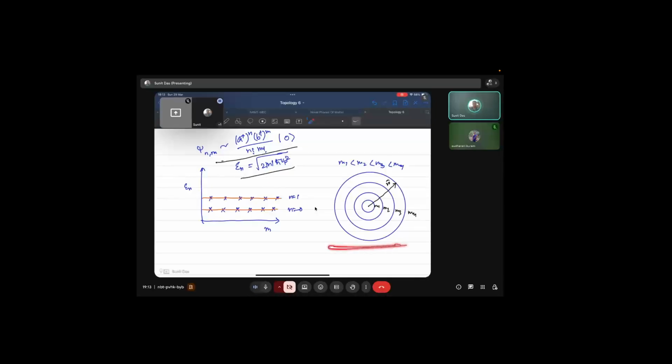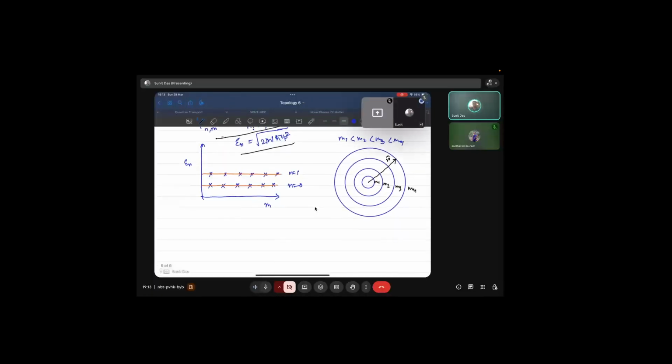So here I am trying to show the peaks of the wave function for m equal to 1, and this is the origin, let's say the center point. Let me fix n, so let's say this is n equal to 0.